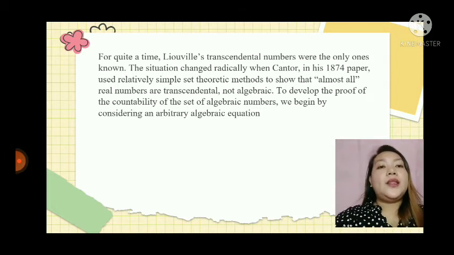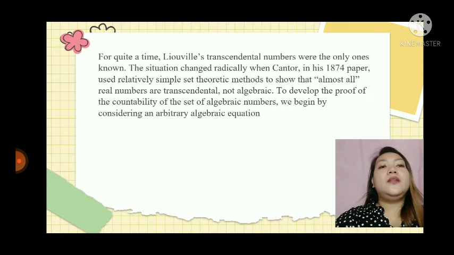For quite some time, Liouville's transcendental numbers were the only ones known. This situation changed radically when Cantor, in his 1874 paper, used relatively simple set theoretic methods to show that almost all real numbers are transcendental, not algebraic.